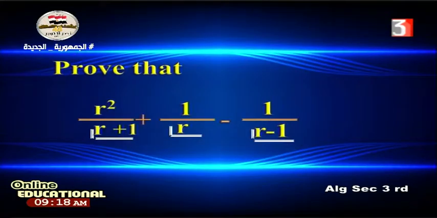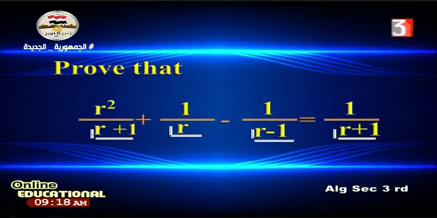Another one. How to prove r squared over factorial r plus 1, plus 1 over factorial r minus 1, over factorial r minus 1, equals 1 over factorial r plus 1.